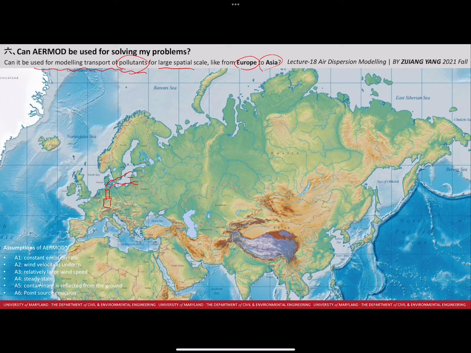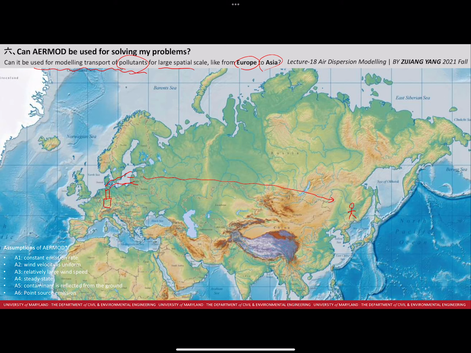But if I'm here, can we use AERMOD to model the transportation of the pollutant from Europe to Asia? How do you guys think? Technically, in theory, yes, but practically, no. It's a lot of data, like terrain and wind direction and also time effects.